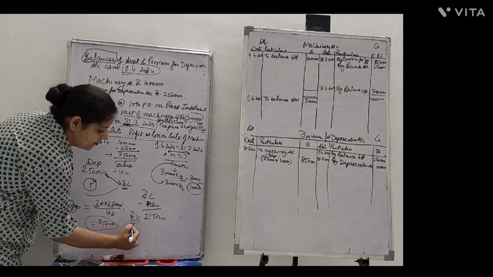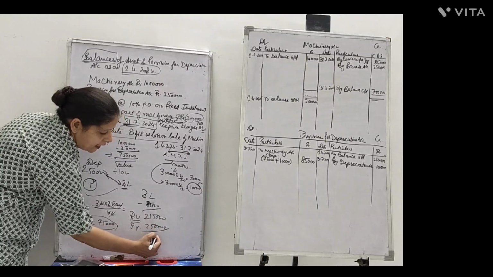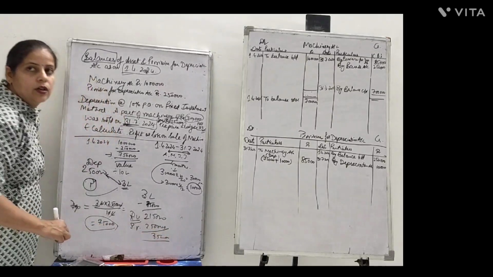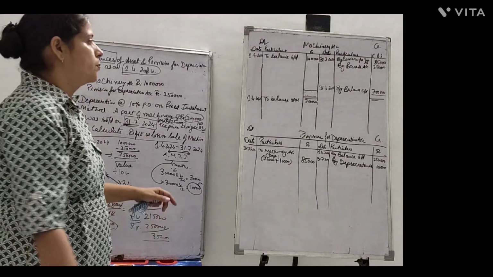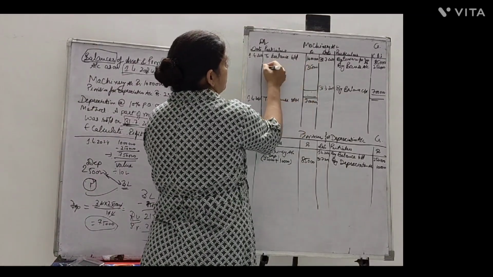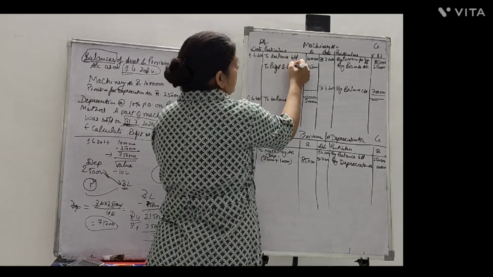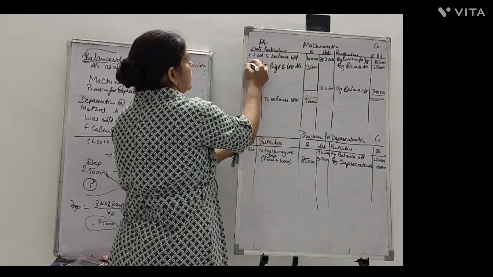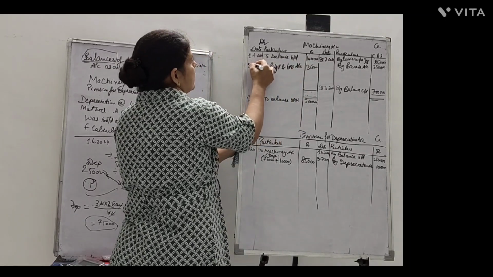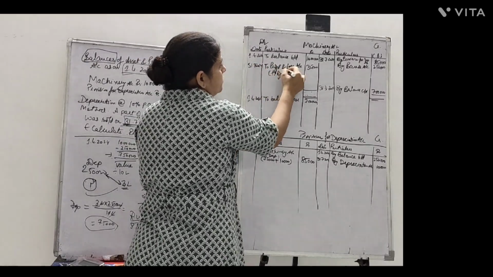So the sale value of the machinery is more than the remaining value. So that gives you a profit on sale of rupees 35,000. So there is a profit of rupees 35,000 on the sale of the machinery, which would go on the debit side because it is a profit, right?